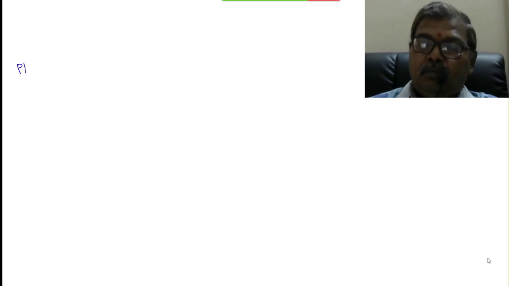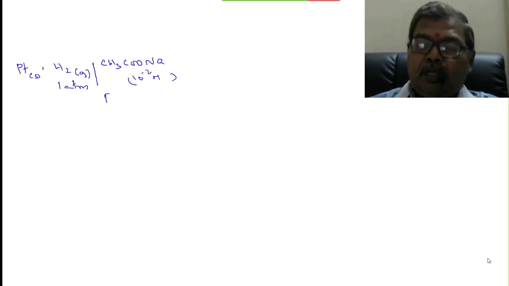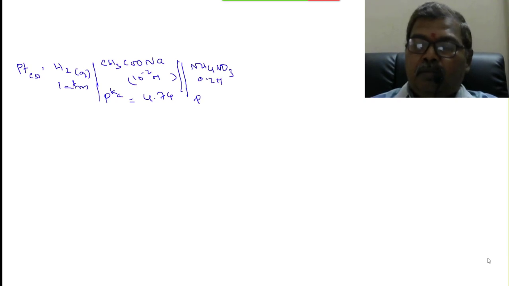Platinum solid, hydrogen gas, 1 atmosphere pressure, CH3COONa, 10 power minus 2 molar, pKa of acid is 4.74, salt bridge, 0.2 molar, pKb is 4.74.